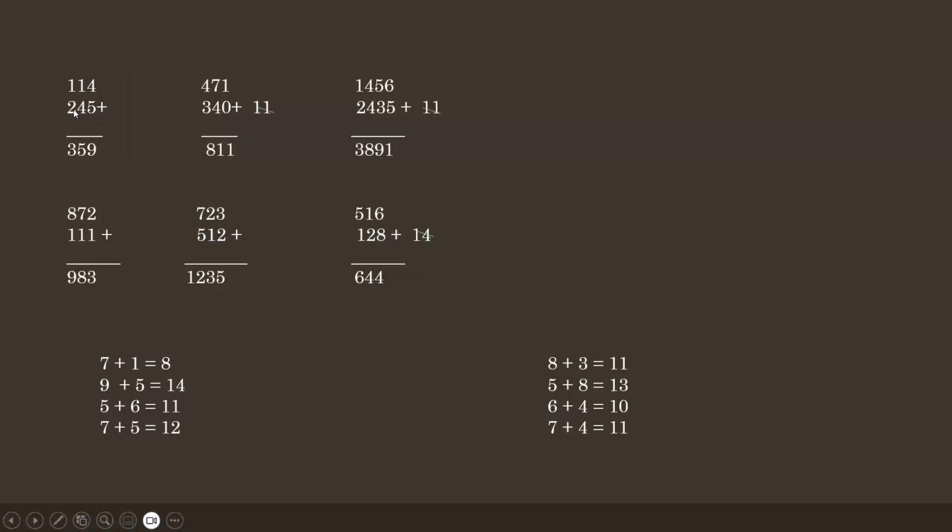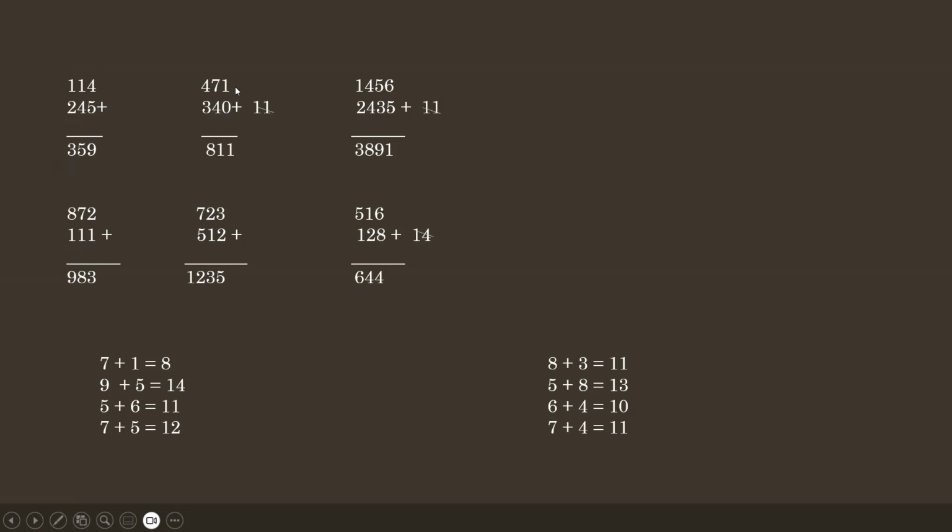114 plus 245. We add the ones column. 4 plus 5 gives us 9. 4 plus 1 gives us 5. 2 plus 1 gives us 3. 359. Now, next example, 471 plus 340.